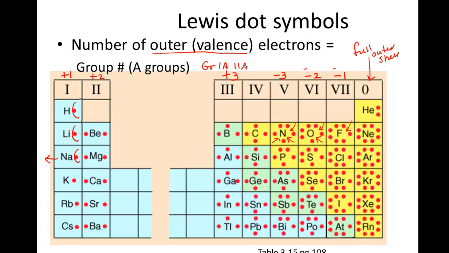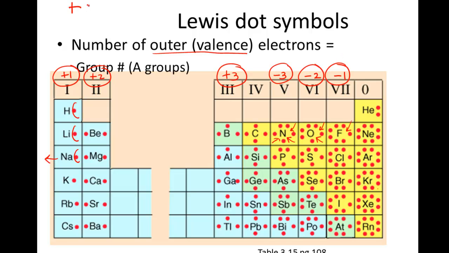So you can take the periodic table that is perhaps in front of your textbook and add these charges to group 1, group 2, group 3, and group 5, 6, and 7.